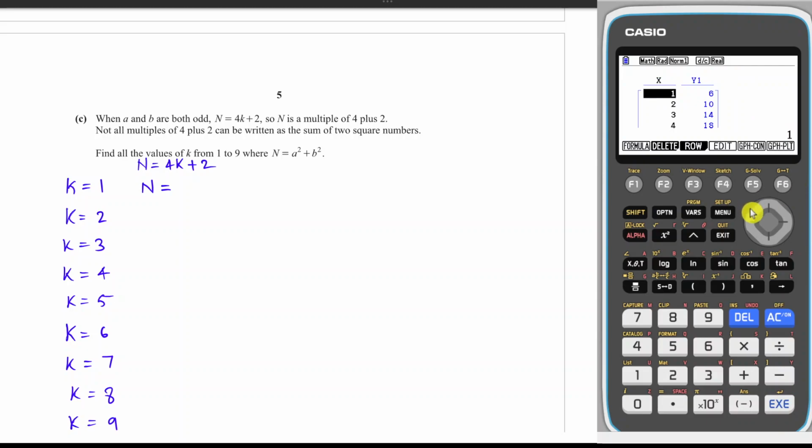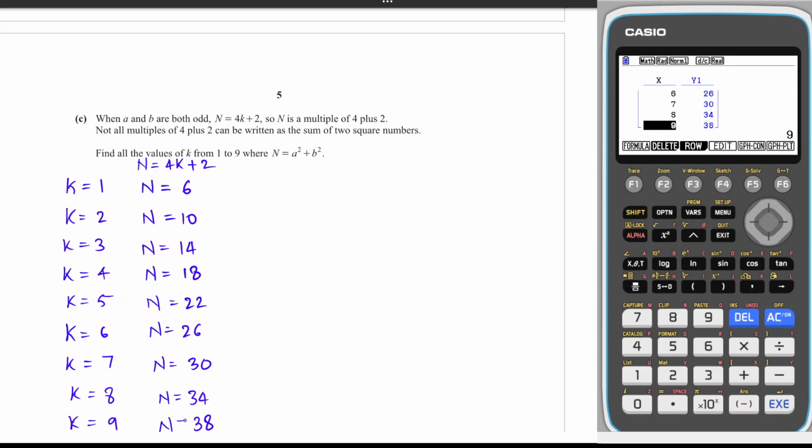You can see that I get the values of n as 6, 10, 14, 18, and as I go further, 22, 26, 30, 34, and 38. These are my values of n.